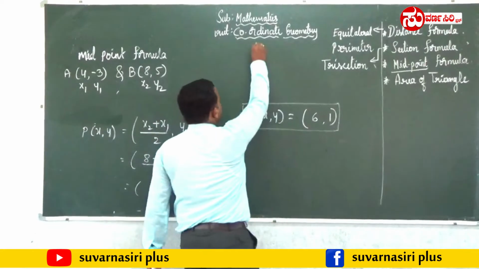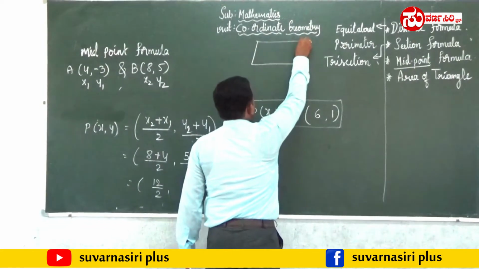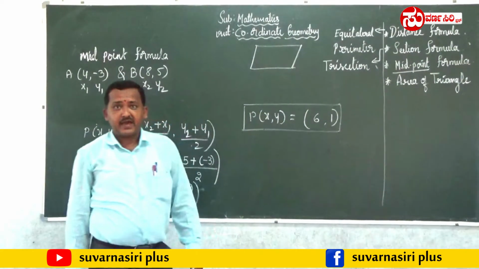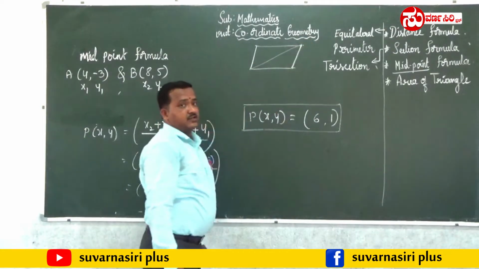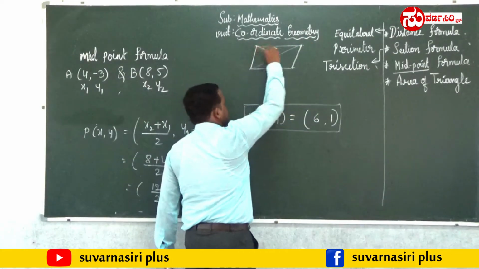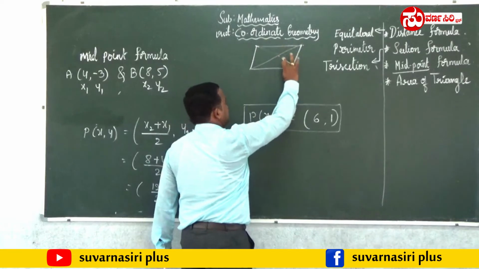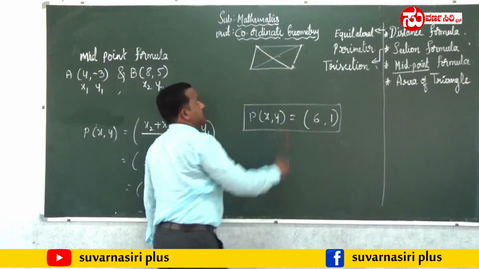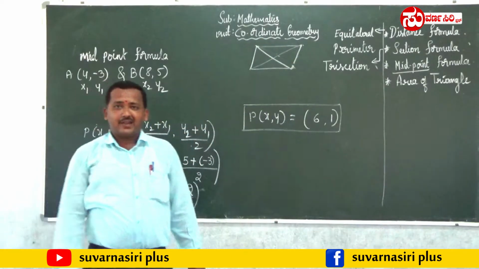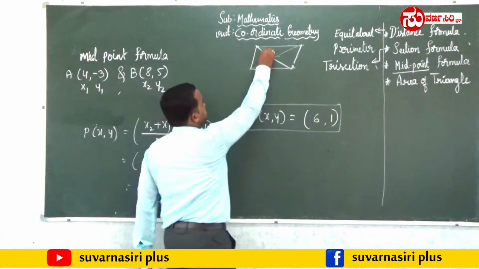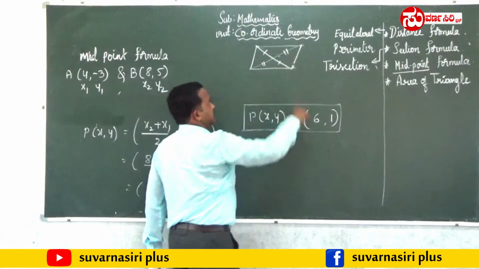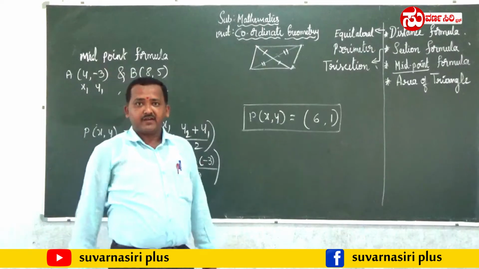For example, there is a parallelogram. In that I draw a diagonal, and one more diagonal. As we know, in a parallelogram, diagonals bisect each other. Bisect each other means they divide equally.